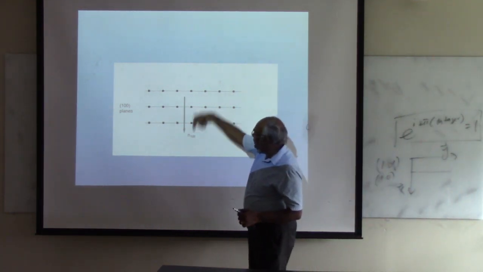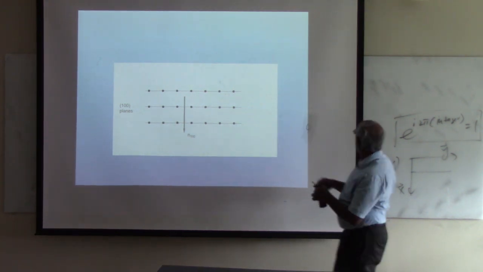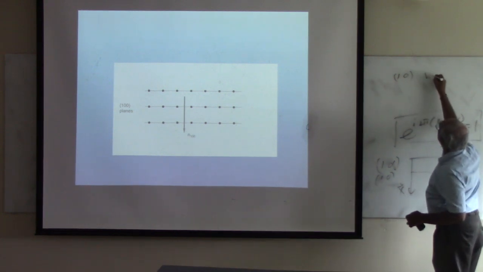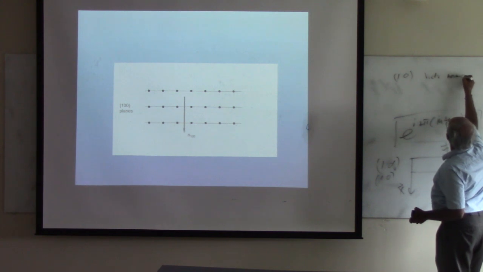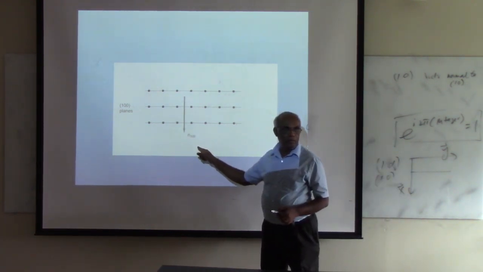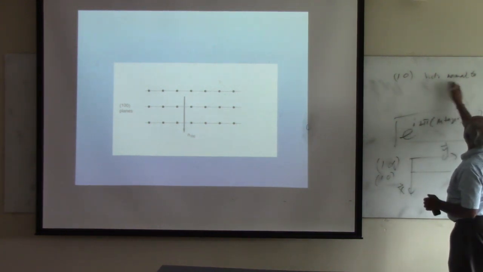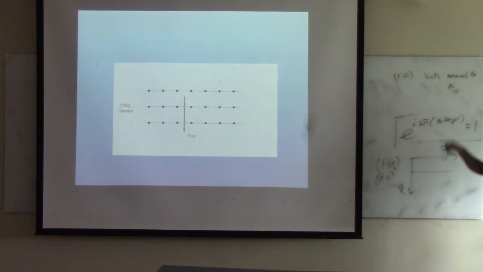Now I draw a vector perpendicular to that plane. That's the important thing. That plane is the 1 0 plane. The vector normal to the 1 0 plane I write as some vector n 1 0. So n 1 0 means a vector normal to that 1 0 plane. Is that clear?